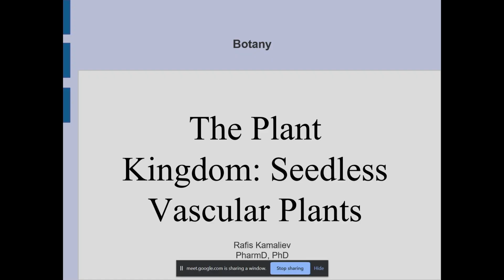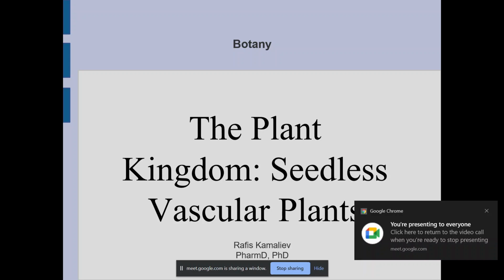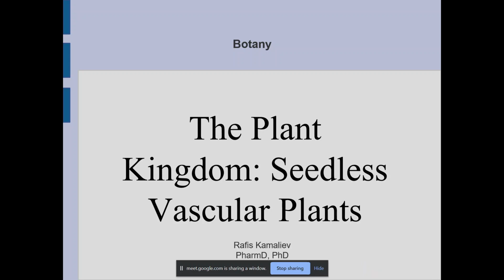The seedless vascular plants reproduce by forming spores rather than seeds.